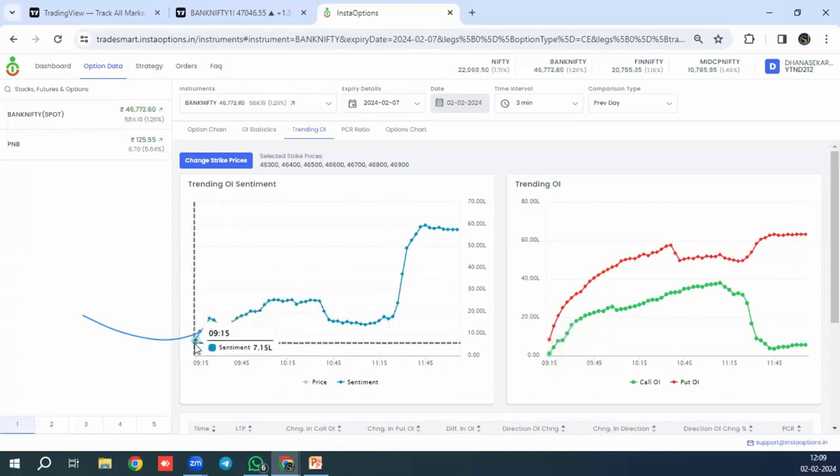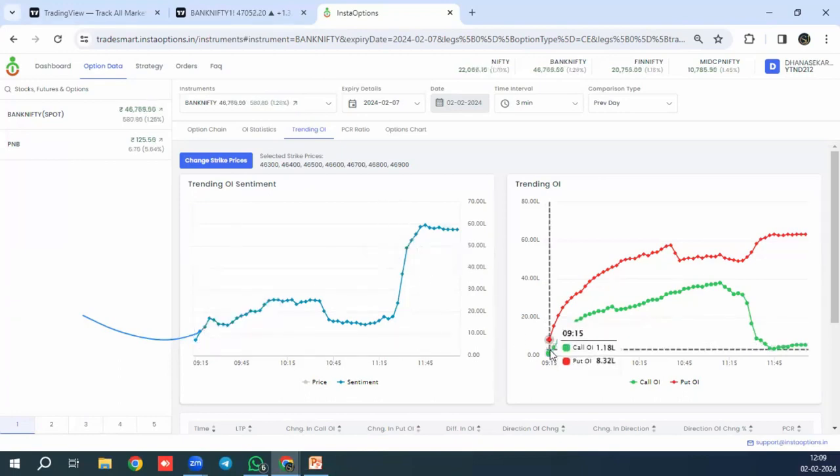When you go at 9:15, it is exactly the same, 7.15 lakhs. When call sellers are more, it indicates the market might not go higher, right? When put sellers are more, it indicates the market might not go down.